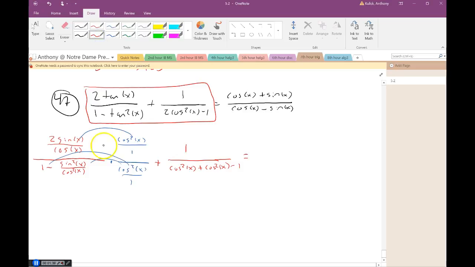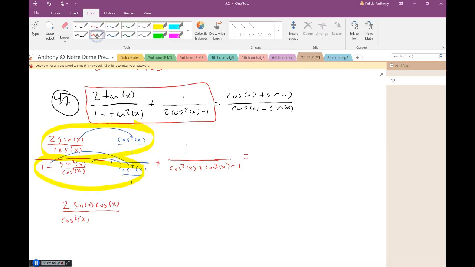So when I multiply here, I'm left with the 2, the sine x, and a cosine x. When I multiply the denominator, I have a cosine squared x, and then minus sine squared x.